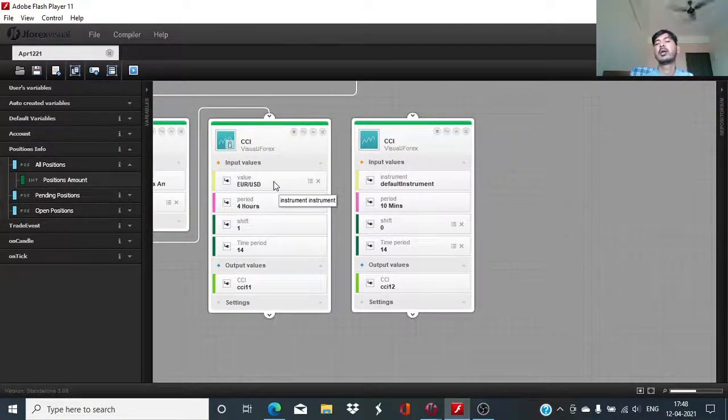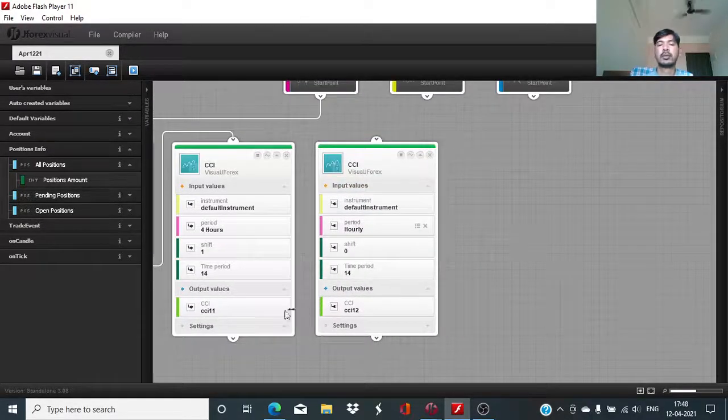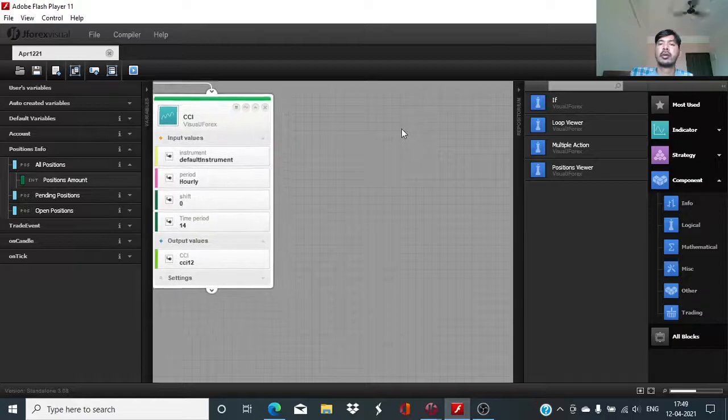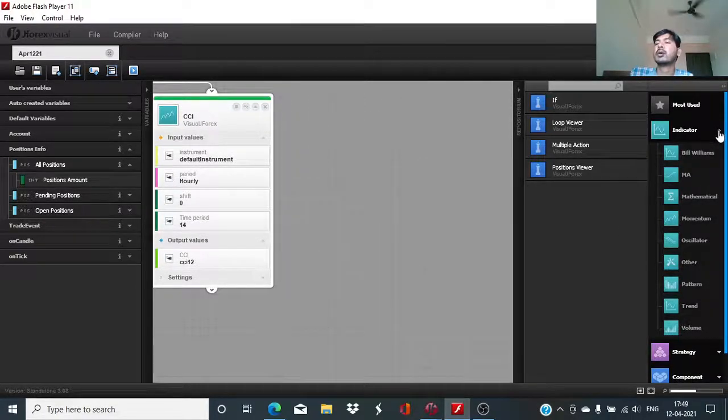For hourly, now we also have to make use of hourly. And then we will use 2 more CCI blocks.